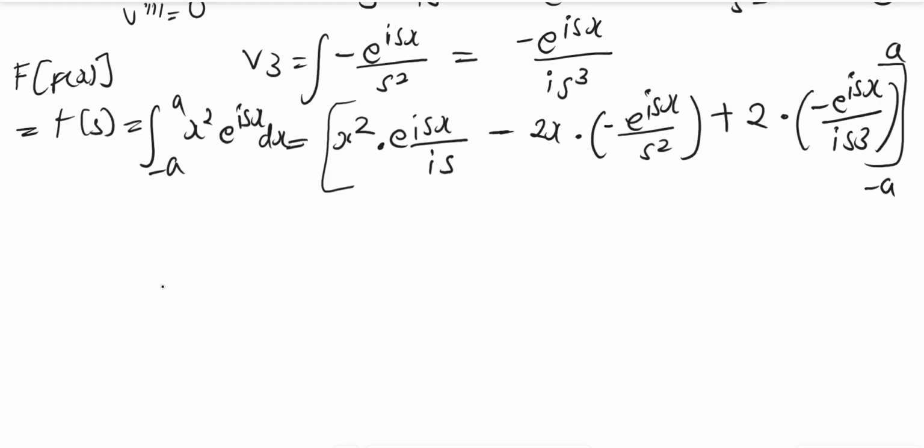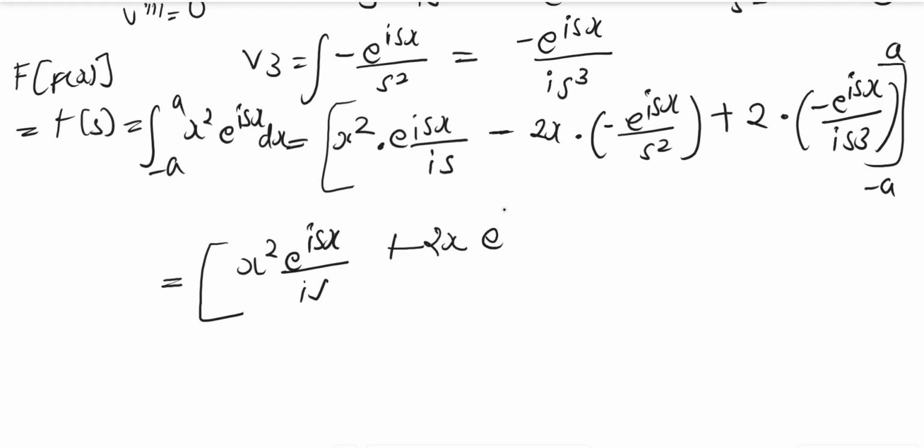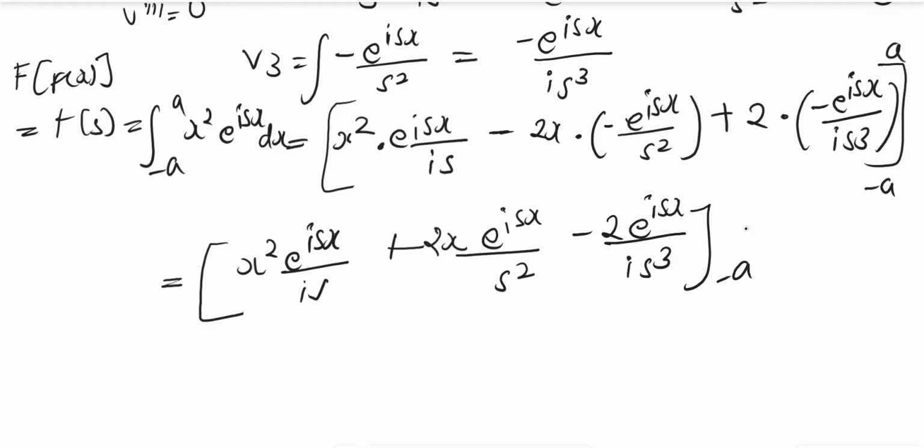Now we will solve this. It is in bracket x square e raised to the power iota sx divided by iota s, minus minus plus 2x multiply e raised to the power iota sx divided by s square, plus minus minus 2 multiply e raised to the power iota sx divided by iota s cube, and the limit is from minus a to a.